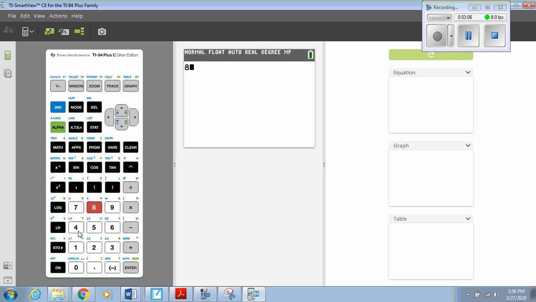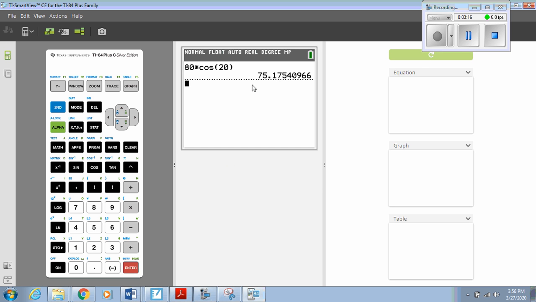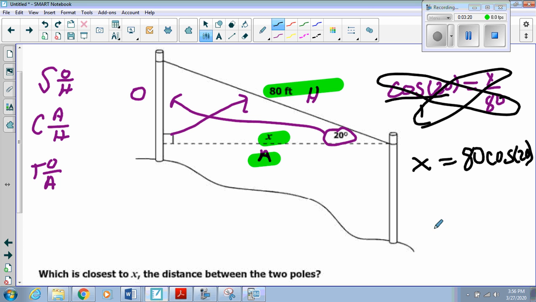So now all I've got to do is type 80 times the cosine of 20 and then hit enter. And I'm going to get 75.2. So our answer here would be 75. It's saying closest and our answers were rounded, so we're going to say 75 feet as our correct answer.